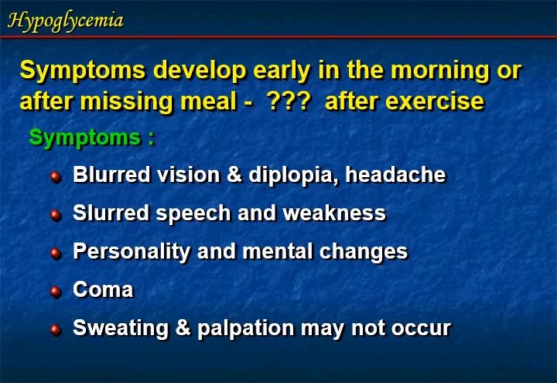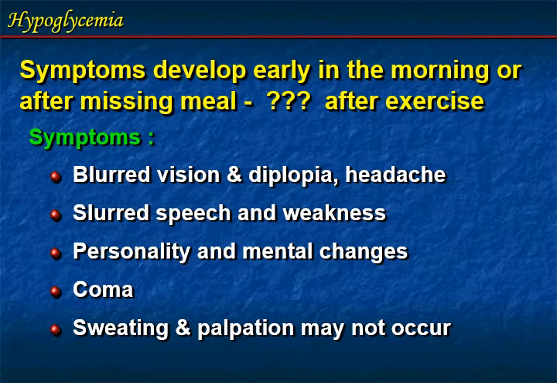Please remember, in insulinoma or fasting hypoglycemic pancreatic tumor, sweating and palpitation may not occur. We said earlier that sweating and palpitation are one of the mainstays of adrenergic manifestation. But in insulinoma they might not occur due to 2 causes.